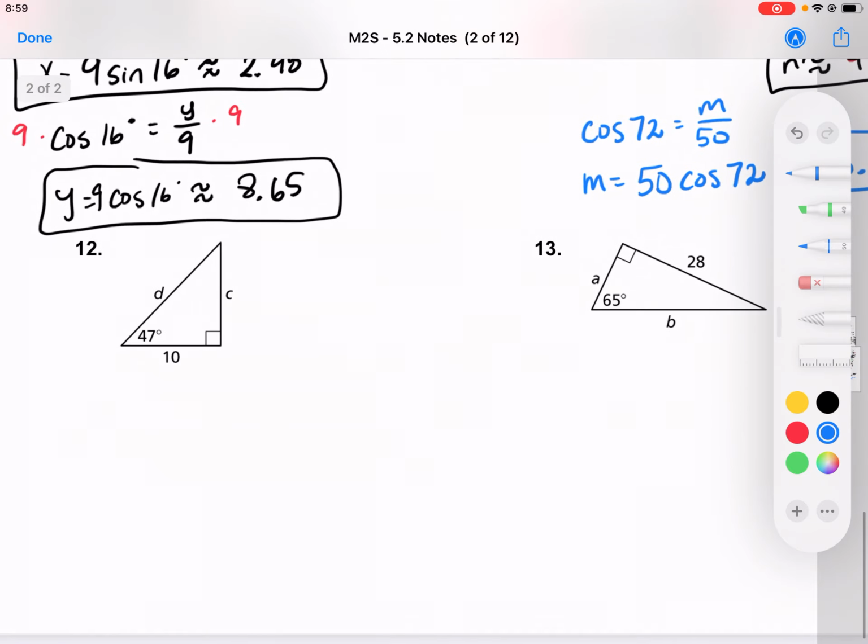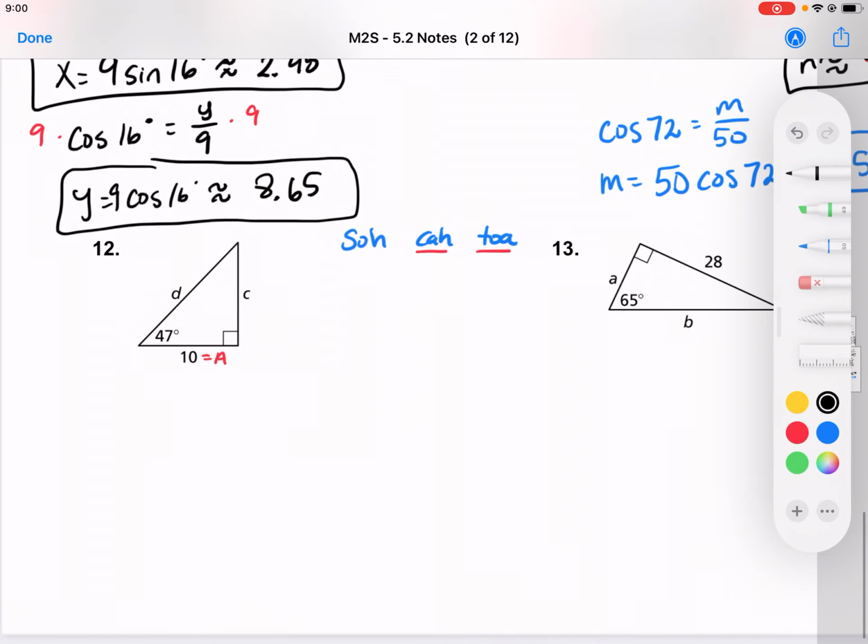Okay, number 12, remember SOHCAHTOA. I'm going to keep that right there. Now this time they didn't give us the hypotenuse. They gave us the adjacent side of 47. So that means we could easily use cosine and tangent because both of those have adjacents. And that would give us our two values we're missing.